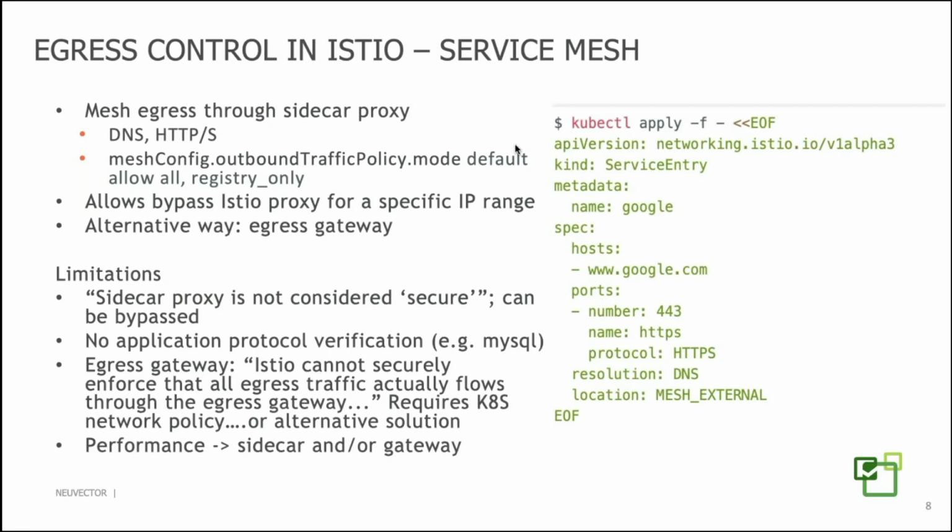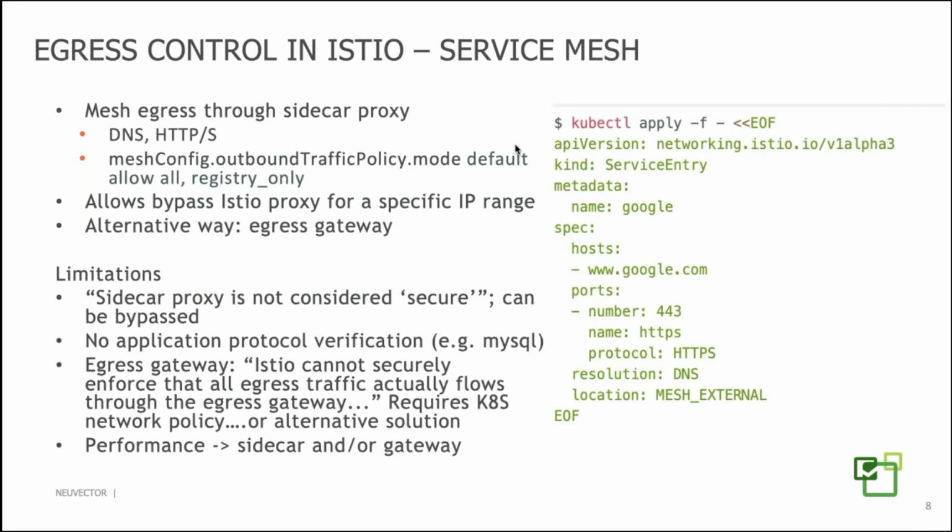So in Istio, the mesh egress through a sidecar proxy for DNS lookups, as well as HTTP and HTTPS traffic, is allowed. And so you could see the mesh outbound traffic policy. By default, it's going to allow all egress, but you can also set it to registry only or for specific protocols or host destinations as well.